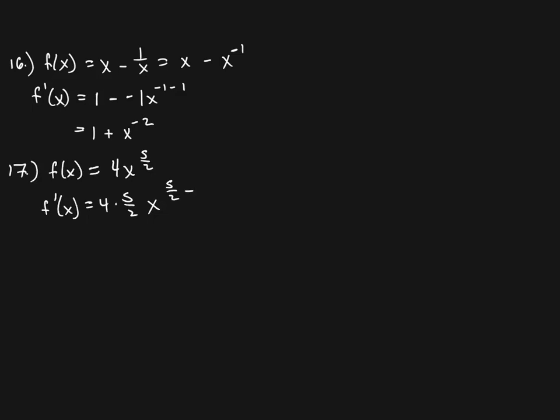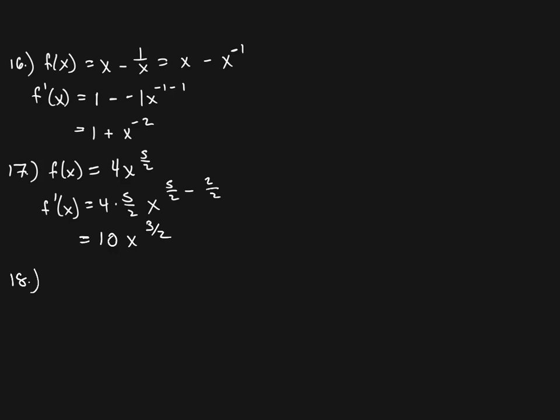Of course, minus 1 is just minus 2/2. So that makes it a little easier to see what this should be. So 4 times 5/2 is 20/2, which is of course just 10. So this is 10x now to the 5/2 minus 2/2, or the 3/2 power. So 10x to the 3/2, that is our derivative for problem number 17.